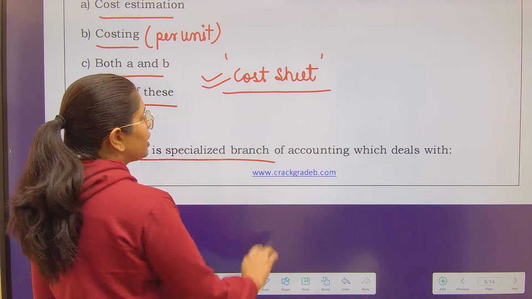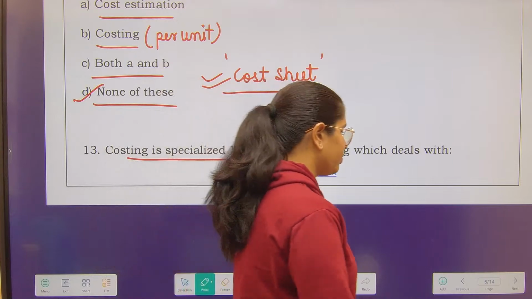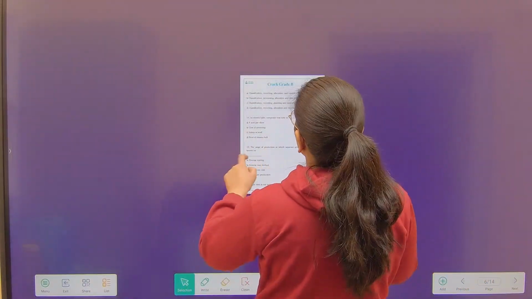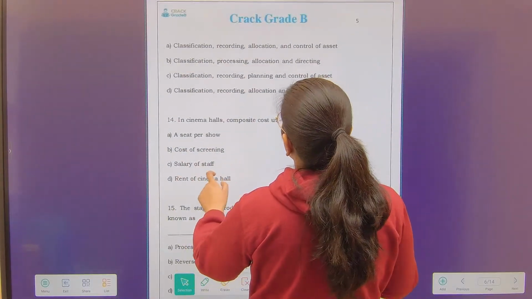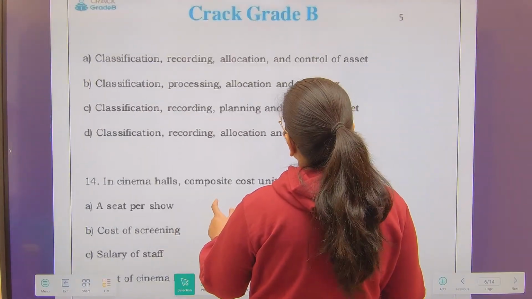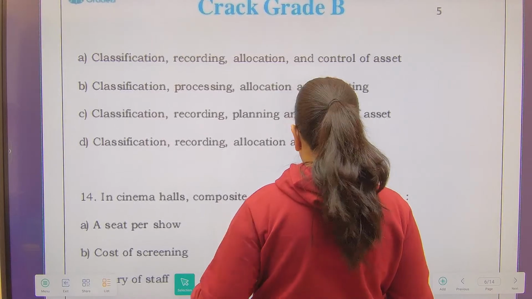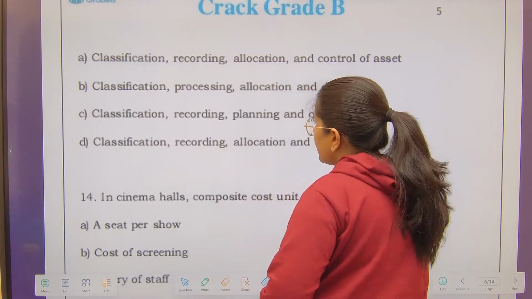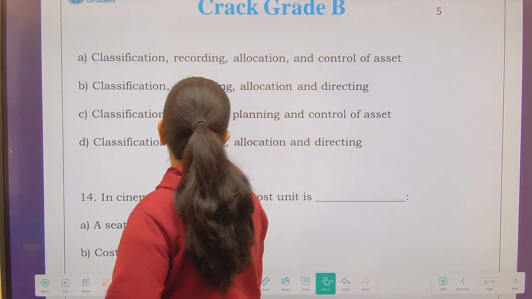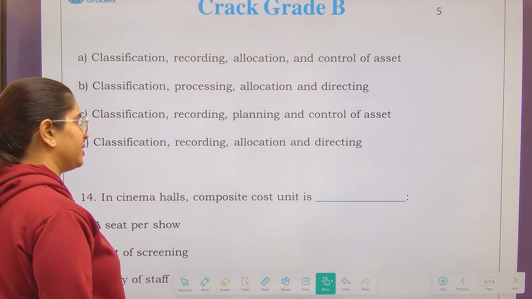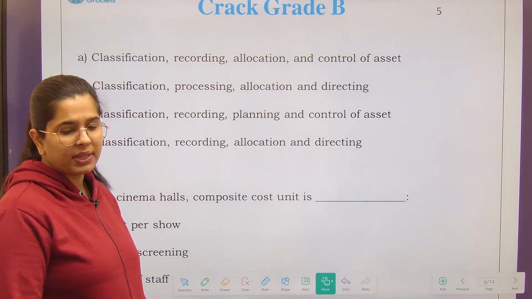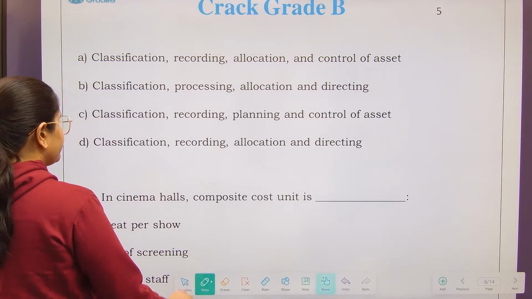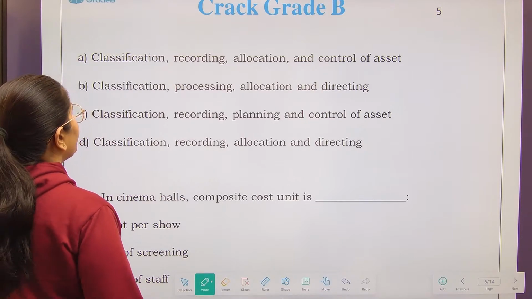Next, costing is a specialized branch of accounting which deals with classification, recording, allocation and control of asset; classification, processing, allocation and directing; classification, recording, planning and control of asset; classification, recording, allocation and directing. Now tell me what should be the answer for this question. Now this seems confusing, right?